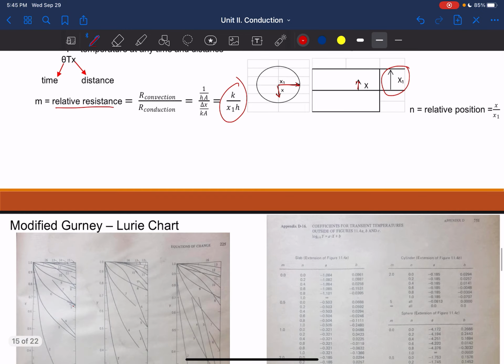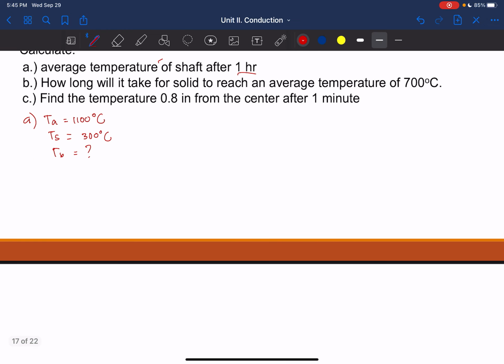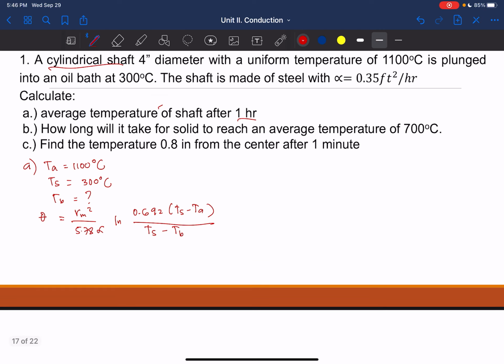So, I'll be using an equation. Theta is Rm squared over 5.78 alpha ln of 0.692 Ts minus Ta all over Ts minus Tb. Okay? You're given alpha to be feet squared per hour.